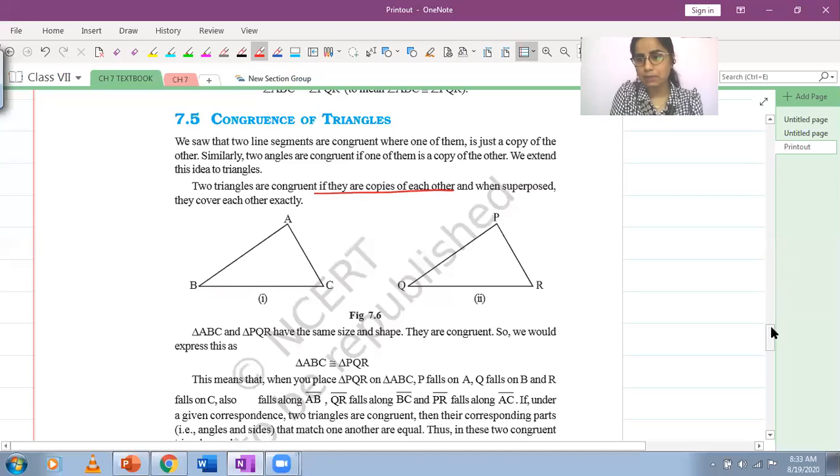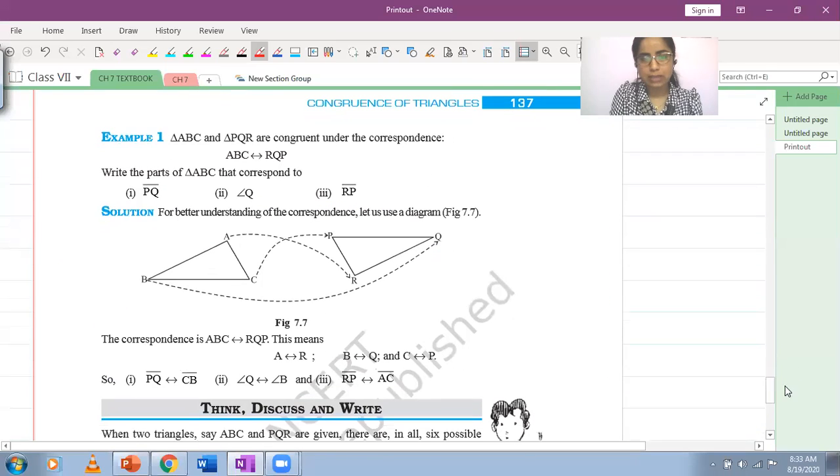Now this is an example given here. This example here, if you look at the book: triangle ABC and triangle PQR. If you want to check whether these are congruent or not, you can just turn the triangle around and place it over the other one to see. This is something we do with the help of an activity. But we are not going to do it with an activity.